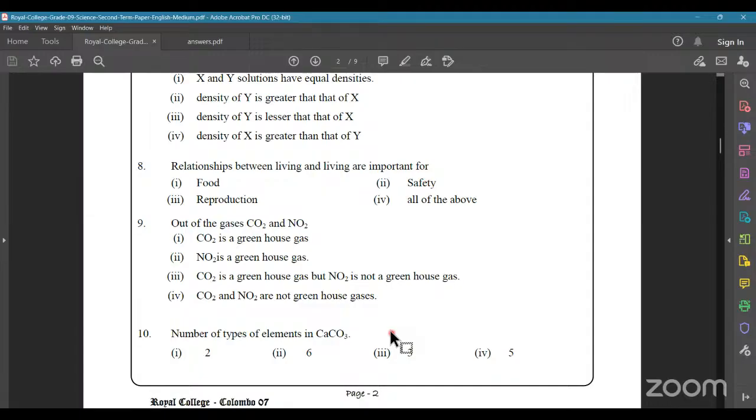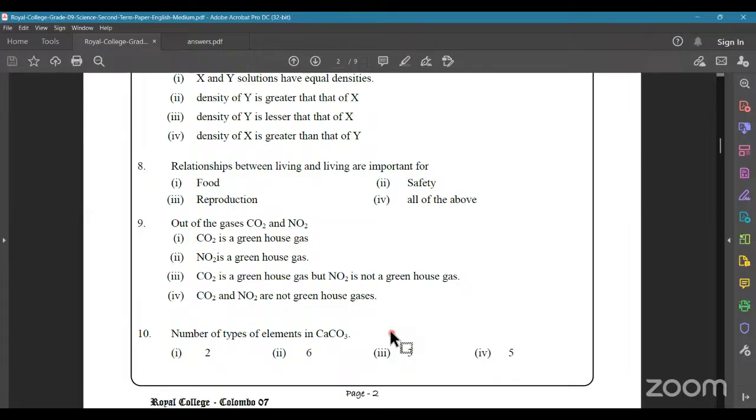Greenhouse gases are gases that have the ability to increase the temperature of the earth. There are a few main types of greenhouse gases: carbon dioxide, methane, nitrous oxide, sulfur dioxide, CFC.